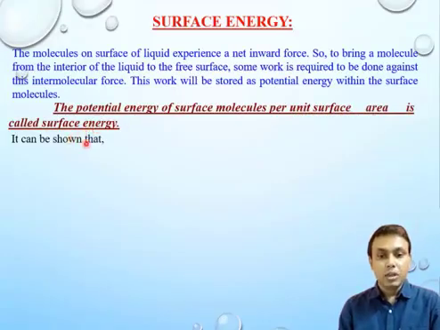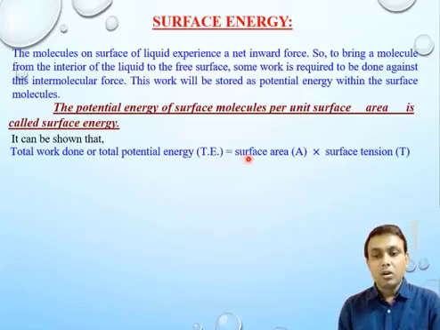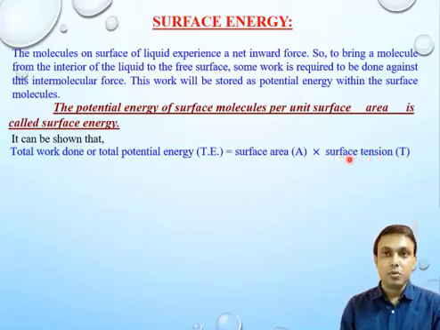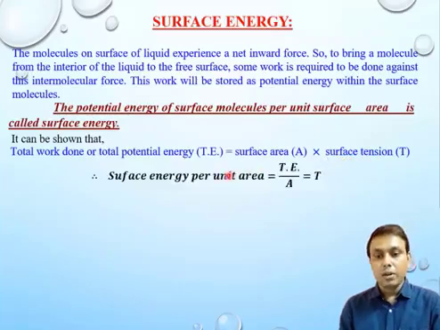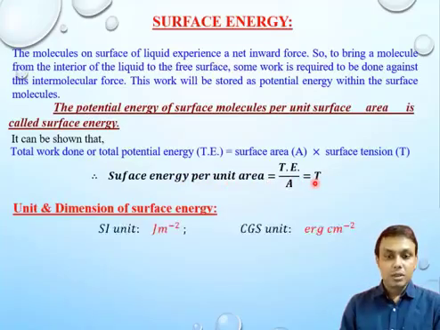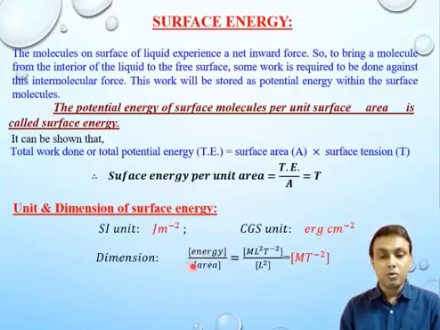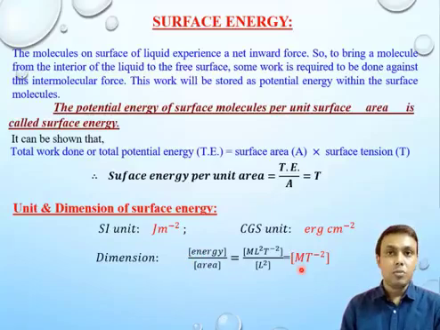It can be shown that the work done or total potential energy is equal to the surface area into surface tension. So from here I can show that surface energy per unit area will be equal to capital T. Unit and dimension of surface energy: the SI unit will be joule per meter square and the CGS unit will be erg per centimeter square, and the dimension will be M T to the power minus 2.